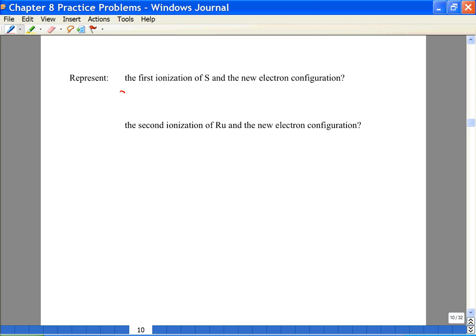So if we remove an electron from sulfur, that means we're going to start with sulfur and end up with sulfur plus, because we removed the unit of negative charge. So we end up with sulfur plus that electron that we removed. So that's what it would look like when we write the first ionization of sulfur.